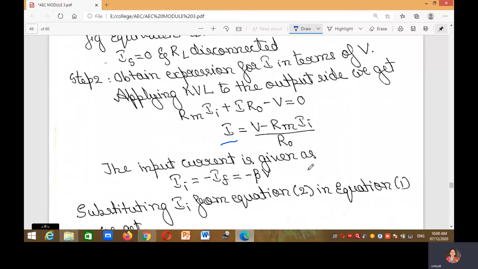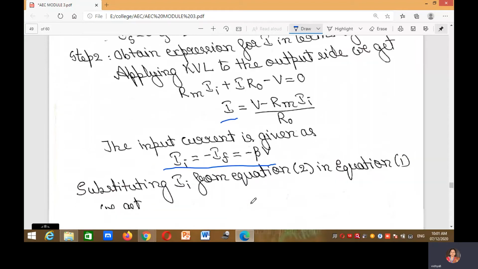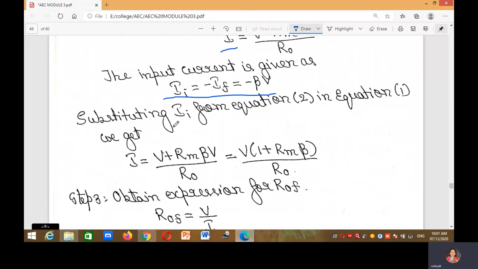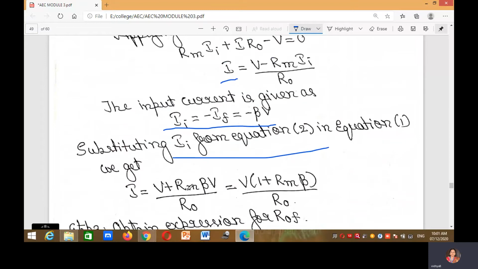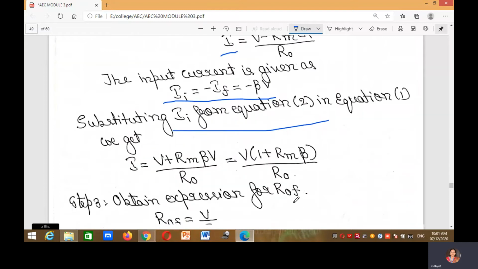The input current is given as II, that is equal to minus IF, that is equal to minus beta into V. So substituting II in equation 2, we get I is equal to V plus Rm into beta into V divided by R naught, that is equal to V open bracket 1 plus beta into Rm close bracket divided by R naught.